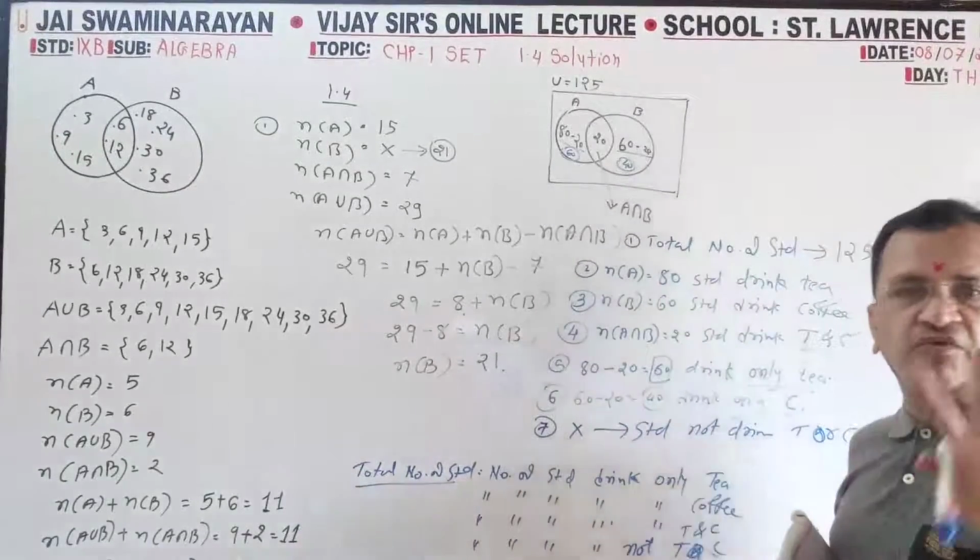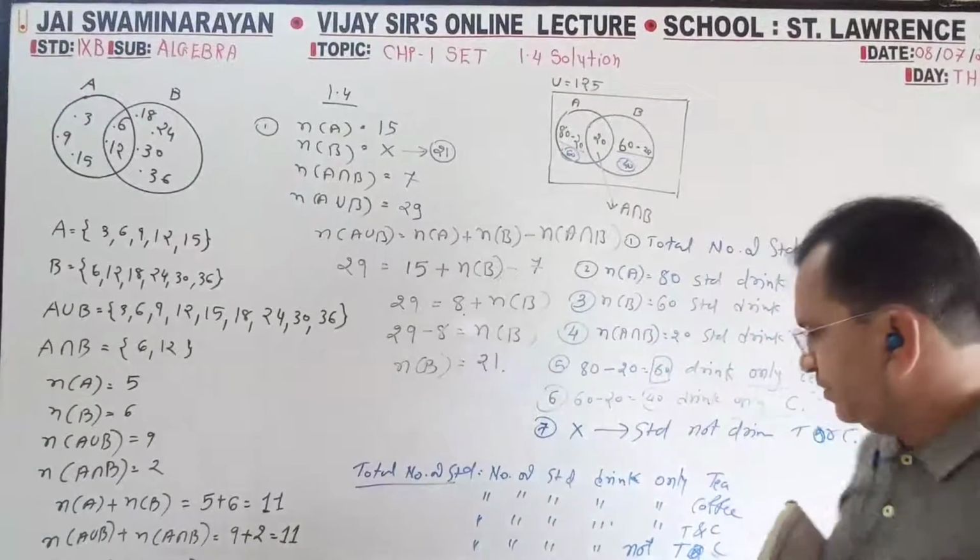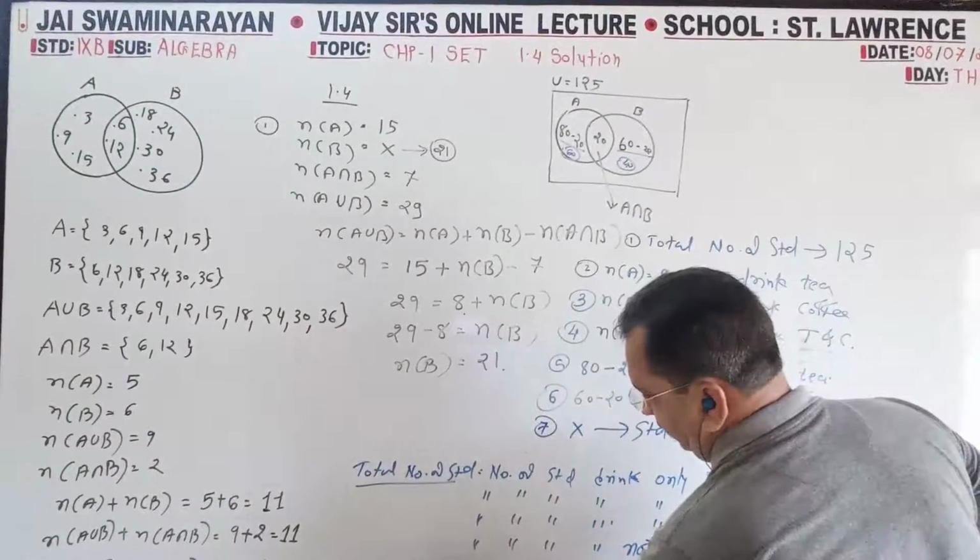Total it is 4 parts: only coffee, only tea, both and none. So all are 125.